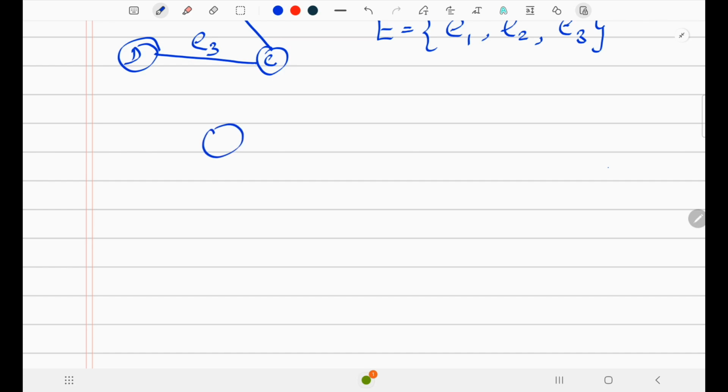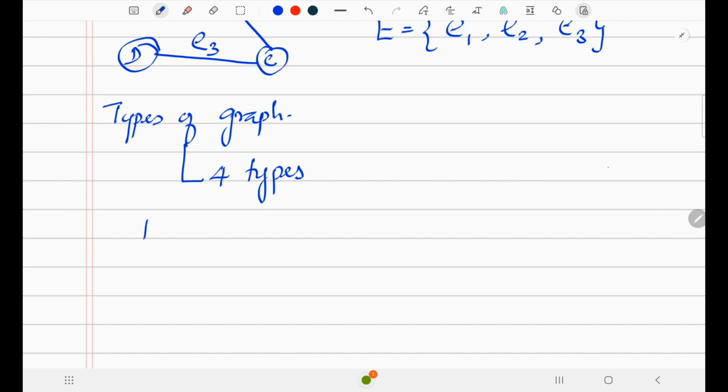Now we discuss the types of graphs. There are four types of graphs we have. Number one, directed graph. Number two, undirected graph.